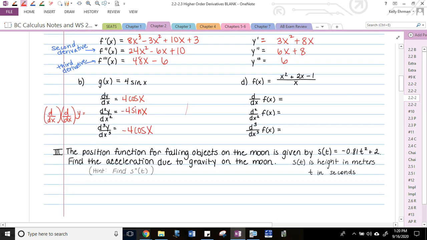We don't know the quotient rule, and again, it's silly to use quotient rule even if you do know it when you have a monomial in your denominator. Instead, just divide. Each term gets divided by x, plus 2 minus, instead of 1 over x, let's write that as x to the negative 1. The derivative with respect to x of f of x is 1 plus x to the negative 2, right? Because negative 1 times negative 1 is plus, negative 1 minus 1.